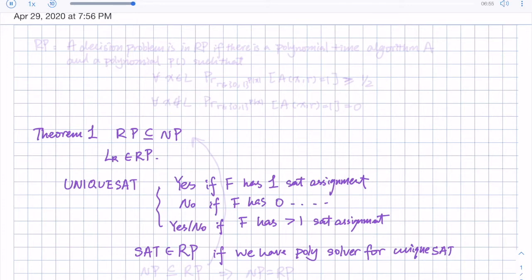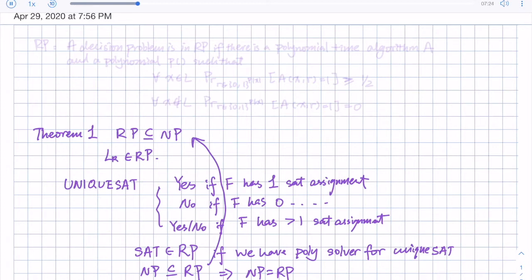And since SAT is NP-complete, we also have NP is contained in RP. So we can have NP equals RP, because theorem 1 says RP is also contained in NP. So we have this equality if we have the polynomial solver for the unique SAT.